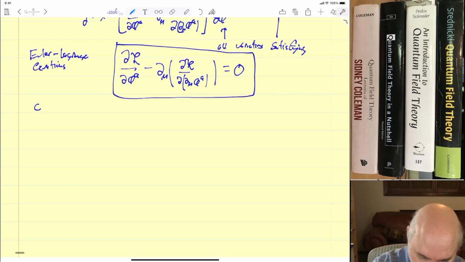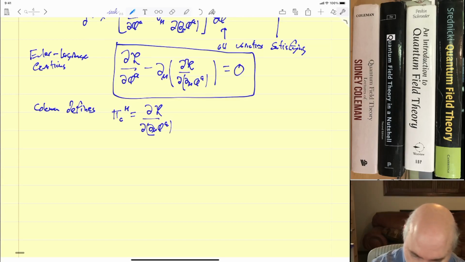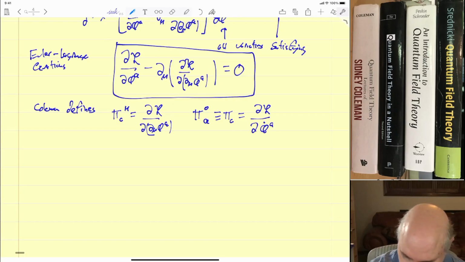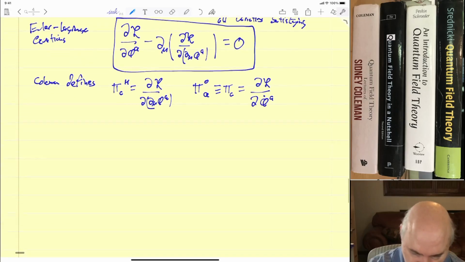Now, Coleman defines, not all books use this, but Coleman defines pi mu A, this term in here, as pi mu A. But really the one that's important is pi 0A, often just defined as pi A, and this is equal to the partial, in other words, the time one, of this, partial L with respect to phi dot A. So keep that definition in mind.